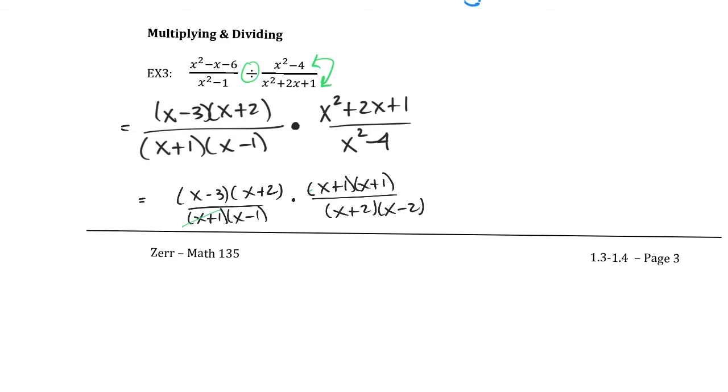We have an x plus 1 and an x plus 2. Since those canceled out, I want to make sure that I show x cannot equal negative 1 and also negative 2. This finally simplifies down to x minus 3 times x plus 1 in the numerator, and x minus 1, x minus 2 in the denominator.